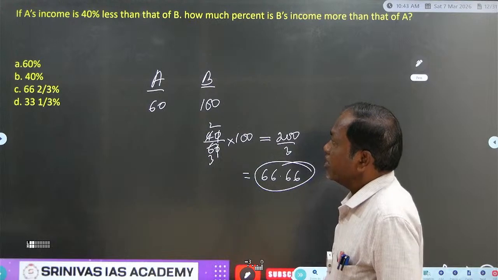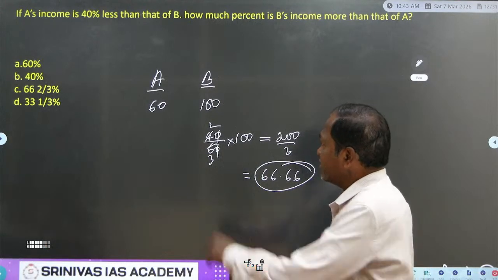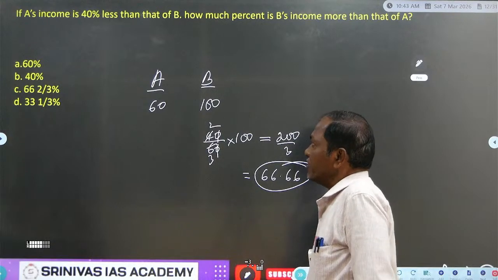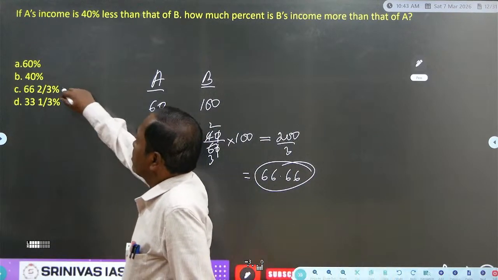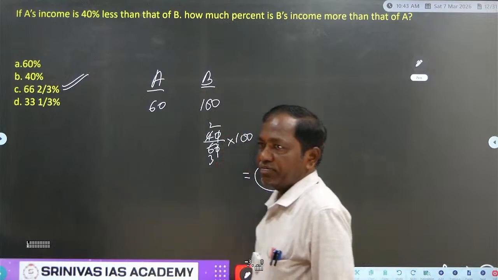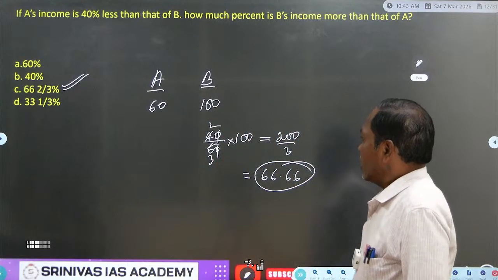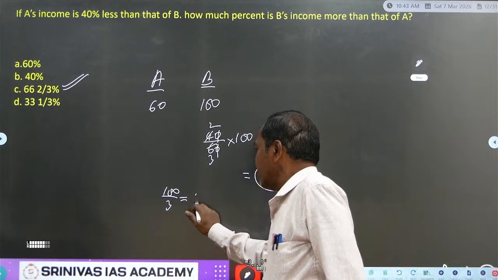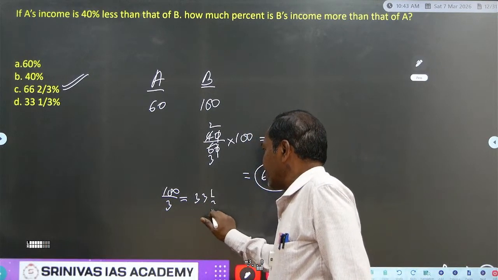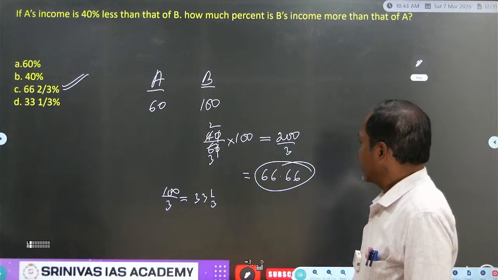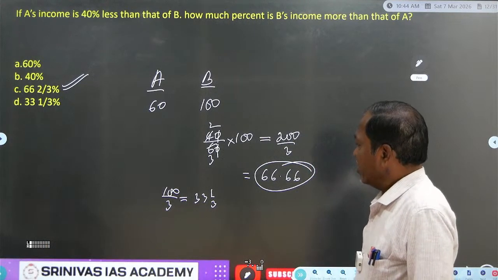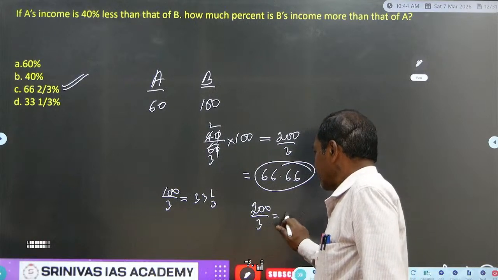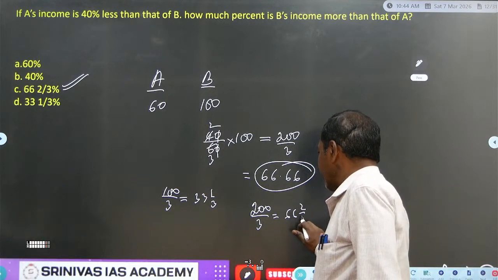Option, do you see? 66 2 by 3 is there. You can go ahead with it. Even if it is a fraction, if you convert like that, it will come. There is only one such option. Actually, 100 by 3 is equal to 33 1 by 3. 200 by 3, what happens now? 66 2 by 3 will come.